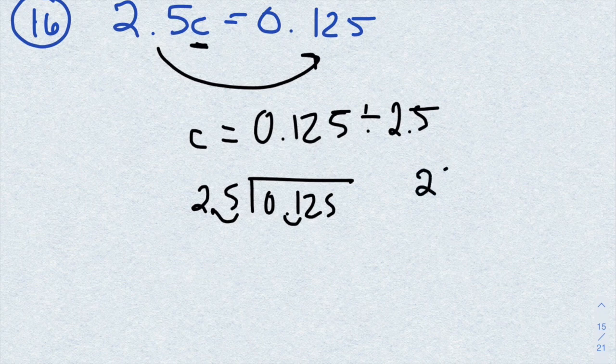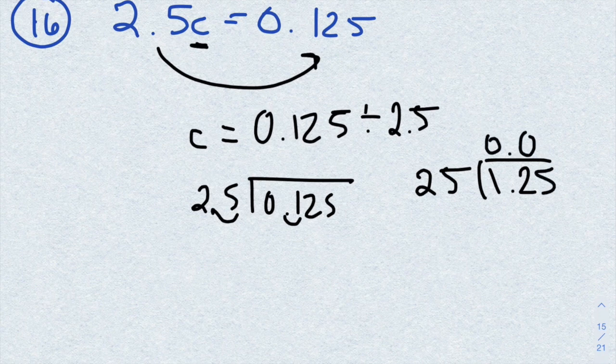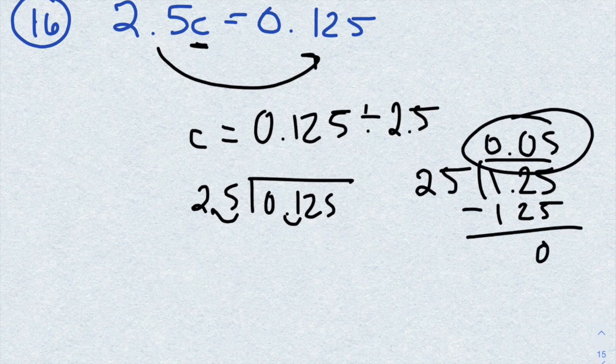So now I have 25 and 1.25. And I know that 25 can't fit into 1 or 12, so 25 fits into 125 perfectly 5 times, and it gives me 0.05.